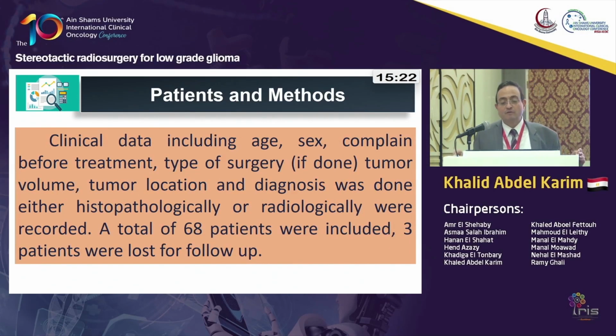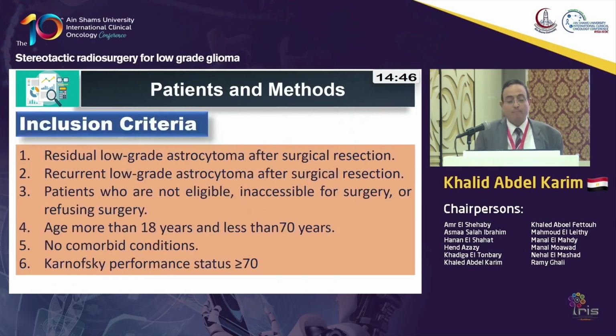Clinical data included age, sex, complaint before treatment, type of surgery, if done, because some of the patients, as I told you, didn't accept the risk of surgery, or had not the chance for many reasons to be non-resectable, or can't have anesthesia. The volume, tumor location, diagnosis was done either histopathologically or radiologically with the MR spectroscopy, and out of the total of those patients included, 3 patients were lost to follow-up.